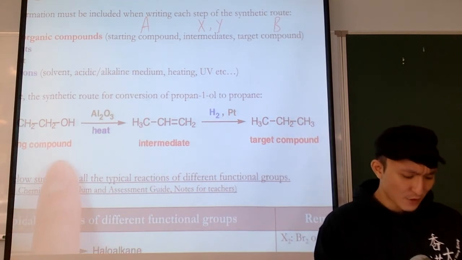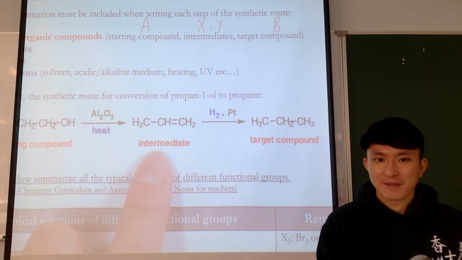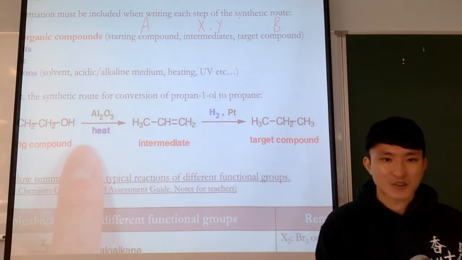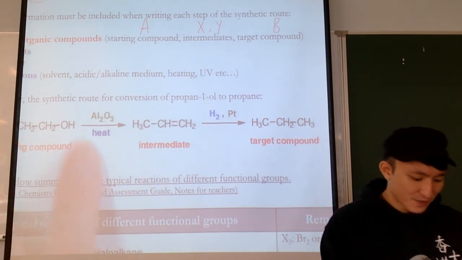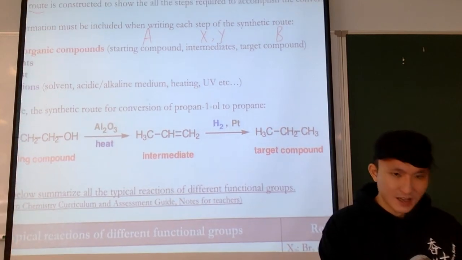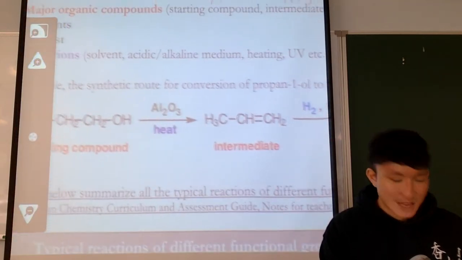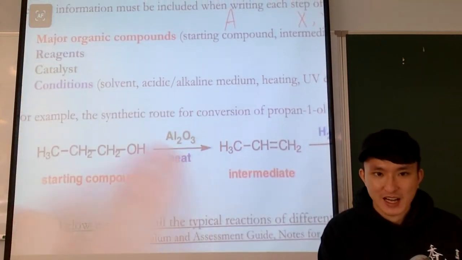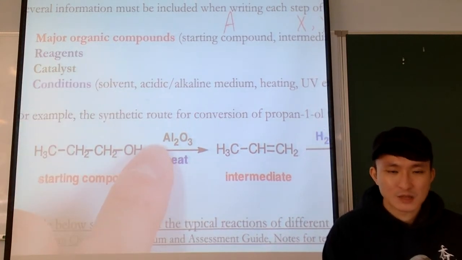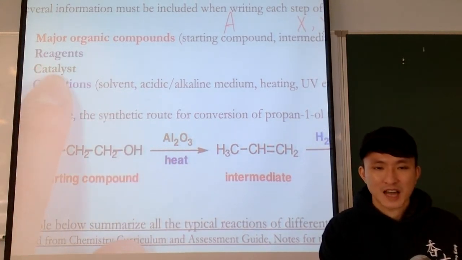So the first step is we try to change it into propene by performing a dehydration reaction. So here, the aluminum oxide, you see I use green color. I try to match the color with a type of information that we need to include.